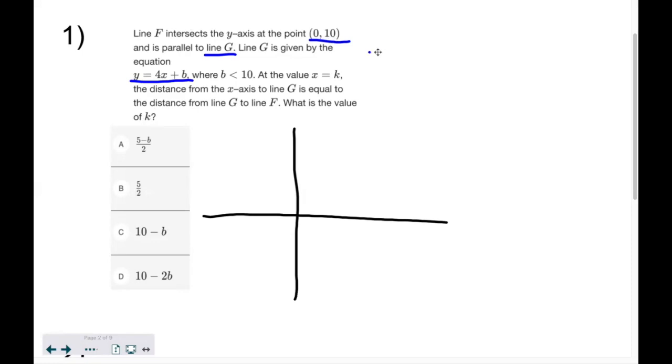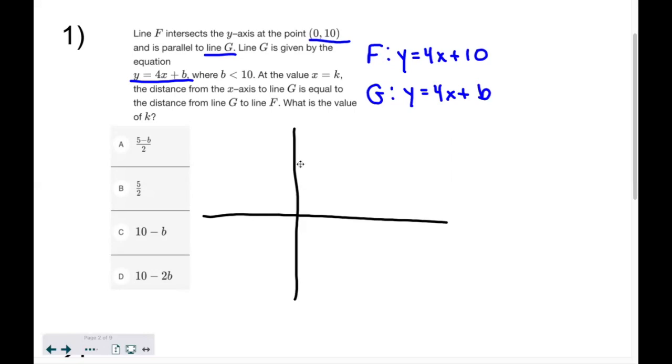So the equation for line F is y equals 4x plus 10. And then the equation for line G they're giving us is y equals 4x plus, let's say, b, right? So they're not giving us b.